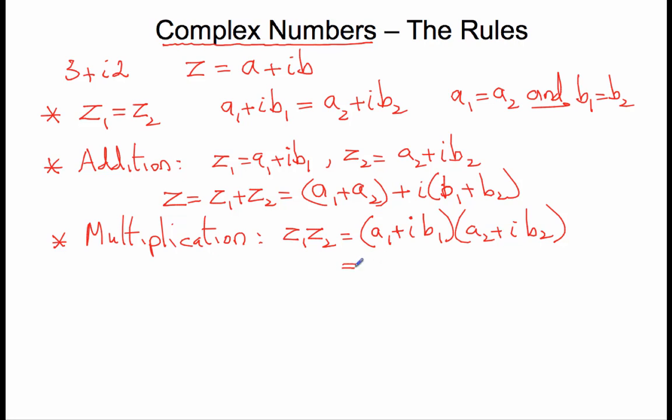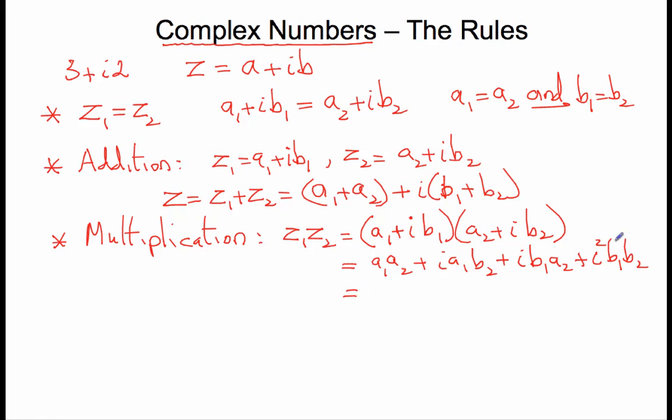And we'll do this again in a very natural way. a1 times a2, then i times a1 b2, and then i times b1 a2, and finally i b1 into i b2, which is i squared b1 b2.